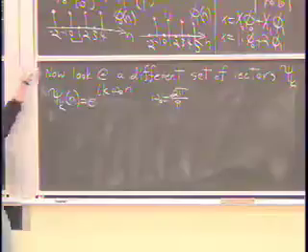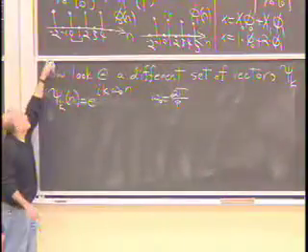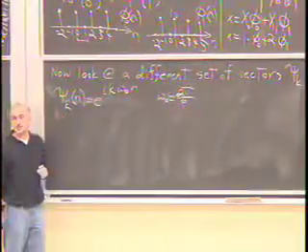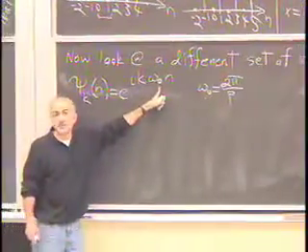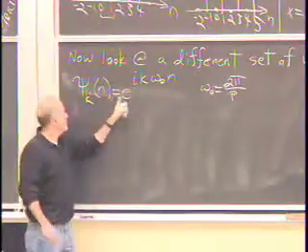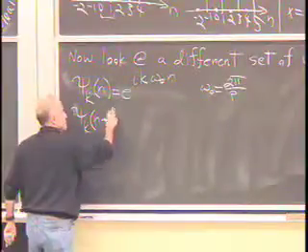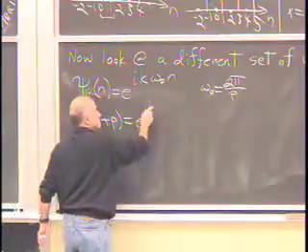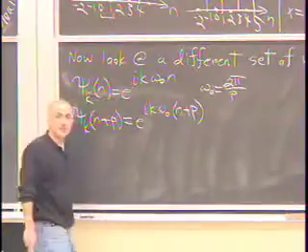Notice in the previous case, I created an impulse train with the same period as my original signal. This one, the way I've defined it, it automatically has built into it the periodicity. If I change n with n plus p, what do I get? What do I get?